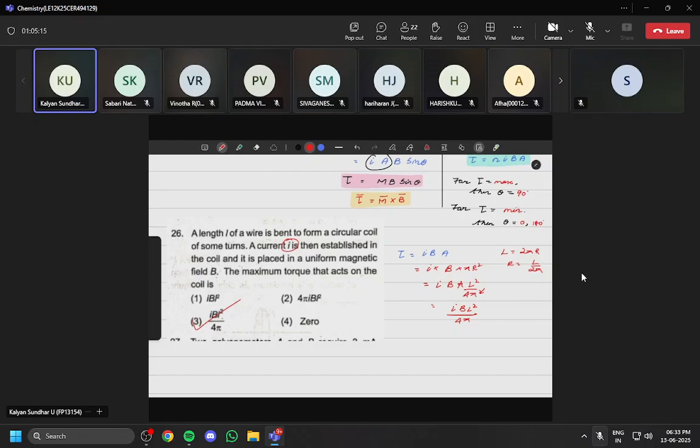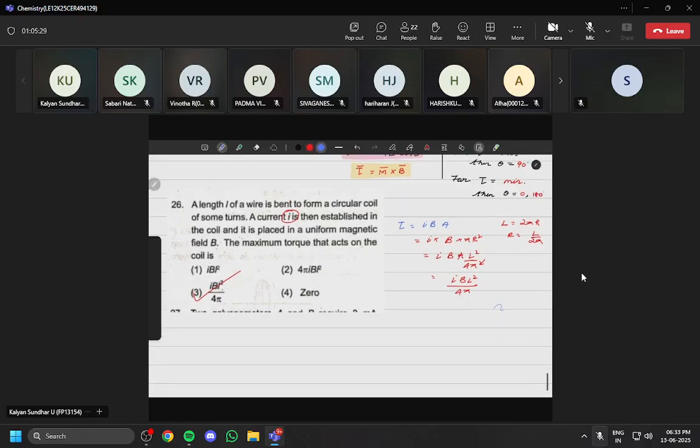So for the maximum torque, n has to be max. இது ஒரு coil. ஒரு turn make பண்ணலாம். ஏரியால n include ஆகாது.